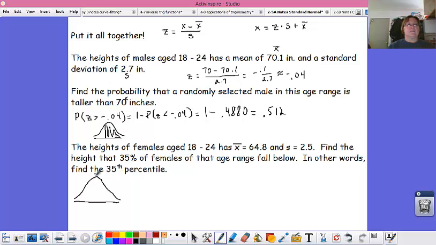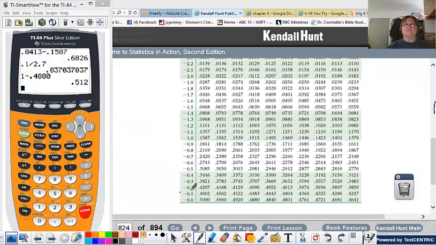Well, 50% is the halfway mark. So we're talking about some negative z-score out here. And I don't know what the z is, but I do know that the area is 0.35. So this is going to be one of those situations where I have to look in the body of the table for as close as I can get to 0.35 and then use that z-score. 0.35.